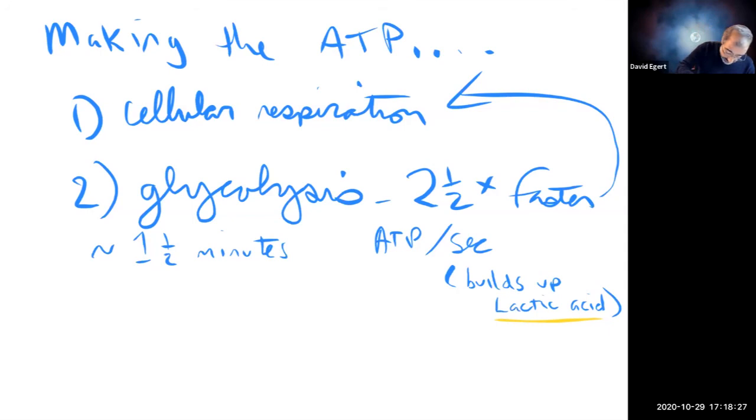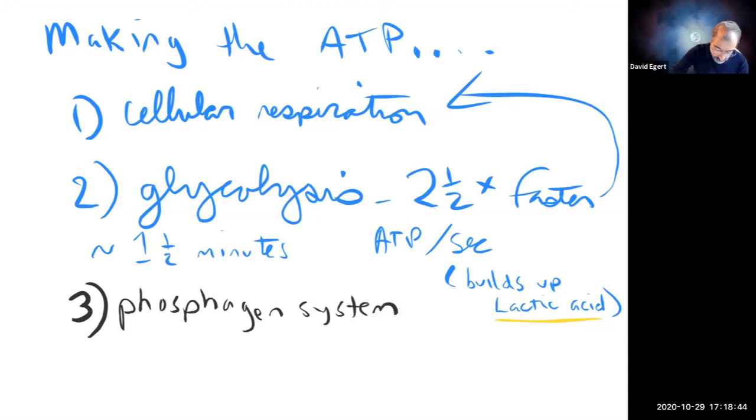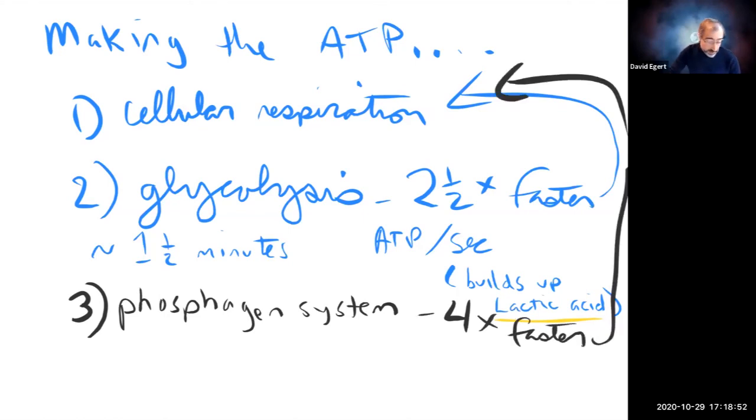And there's yet another one. If you need sugar even faster, not sugar, ATP even faster, there's what's called the phosphagen pathway. This is going to make ATP 4 times faster than waiting around for cellular respiration.